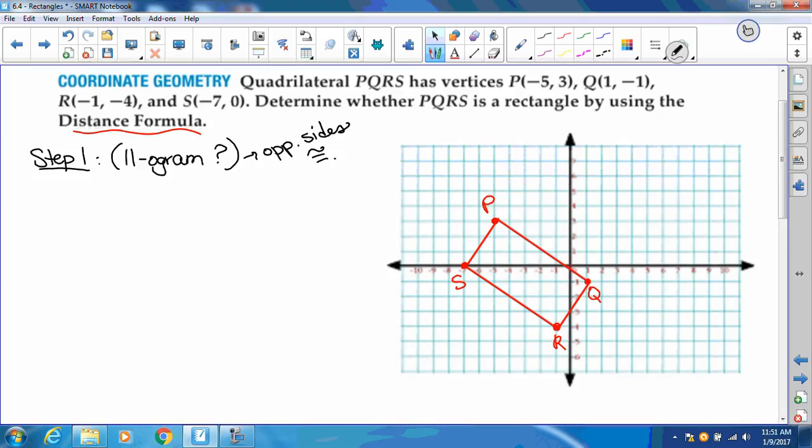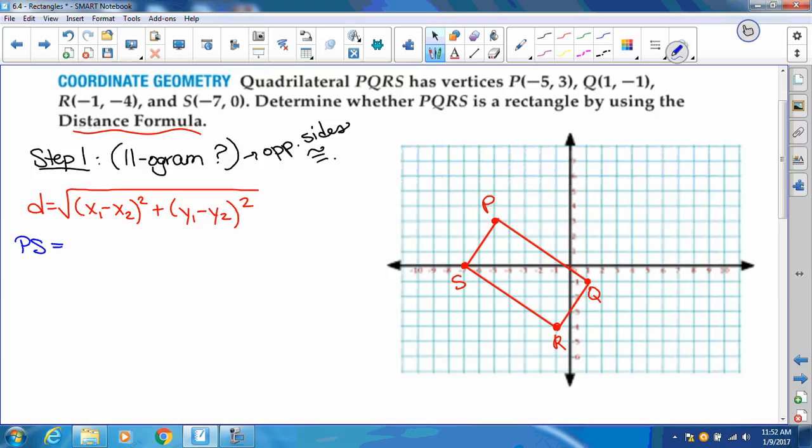So we're going to do the distance formula to determine if opposite sides are congruent. As a reminder, the distance formula is the square root of (x1 minus x2) squared plus (y1 minus y2) squared. And we're going to check opposite sides. So I'm going to check the length of PS.